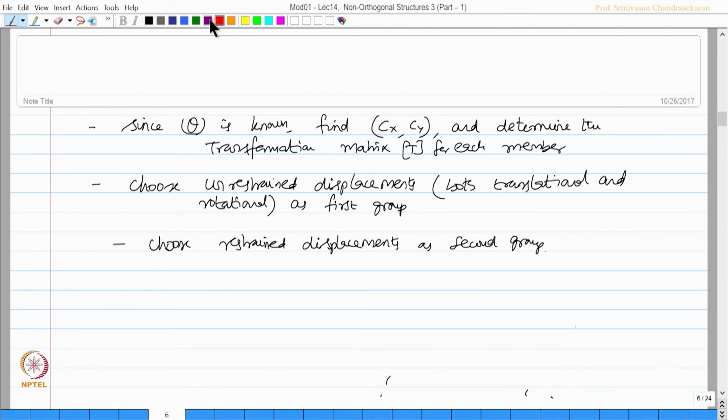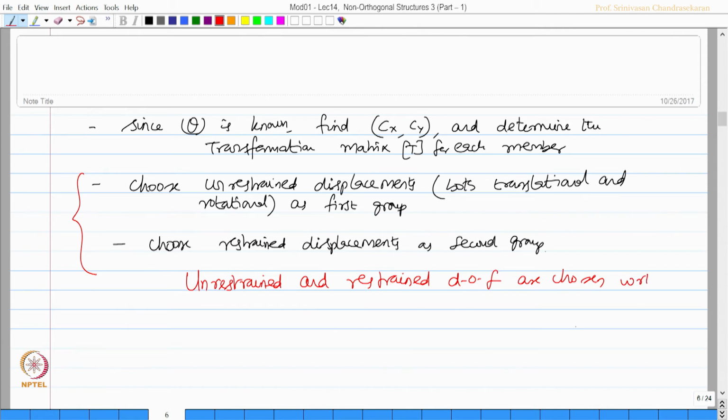Friends, when we do this, we have to take an important step here. We have to take care that the unrestrained and restrained degrees of freedom are chosen with respect to the reference axis.